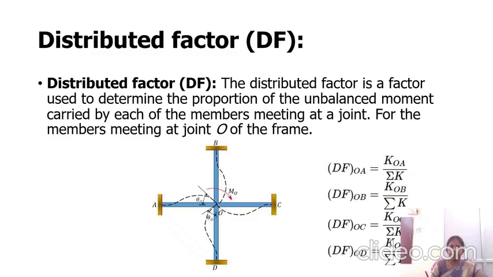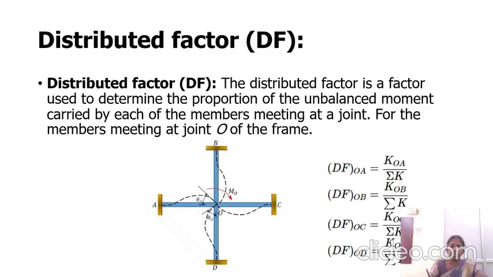If the particular joint is connected with 4 members, we have each member's stiffness. In a beam member we call it the rotational stiffness. Each member has its own stiffness value, which is denoted as K. With respect to the particular joint, I can write KOA, KOB, KOC and KOD.